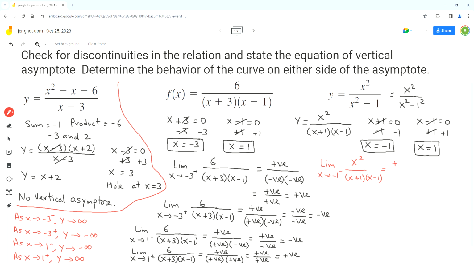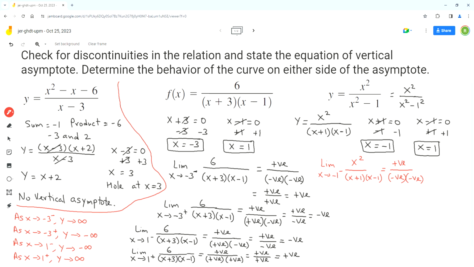In the denominator, x plus 1 will be a negative value because the test value on the left side of -1 can be -1.1. So -1.1 plus 1 will be a negative value, times -1.1 minus 1, which will also be a negative value.